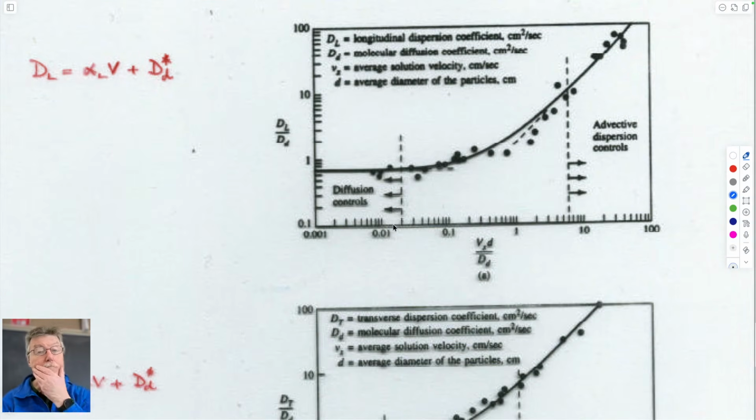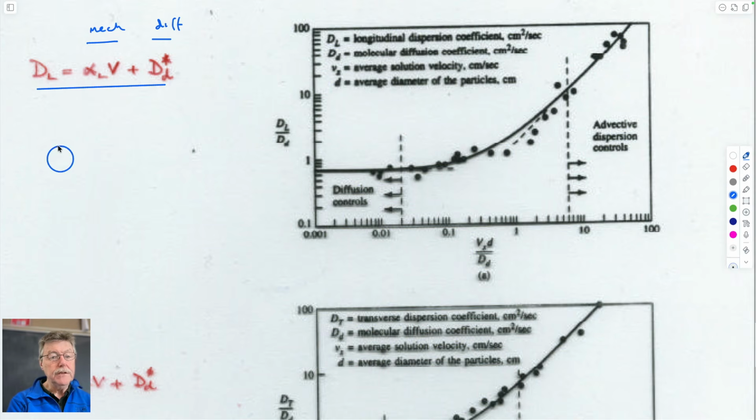So what you could do is an experiment where you define this value. So you just said that the total dispersion coefficient is equal to the mechanical part plus diffusion.